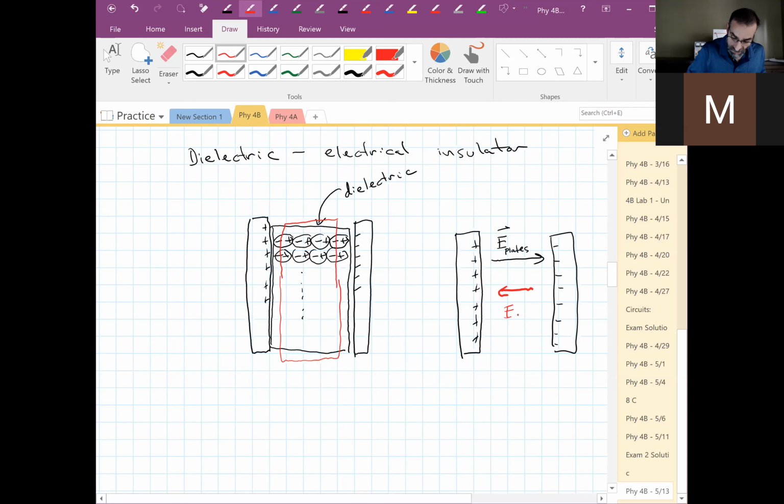Call that E dielectric. It's not as big as the other field, right? It's a little smaller. So this one, I'll draw a little bit longer, and this one a little bit shorter, something like that. So when we add these two together, it's less than the original electric field due to the plates.